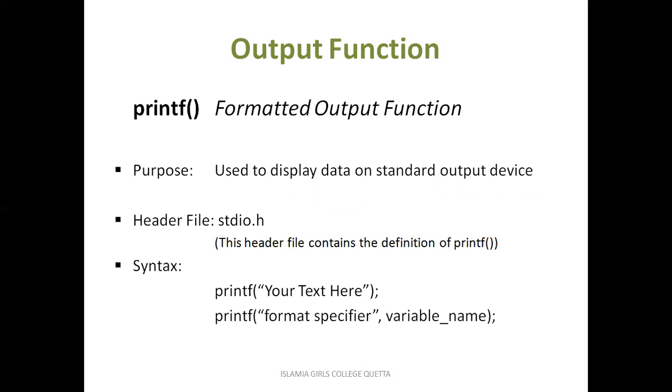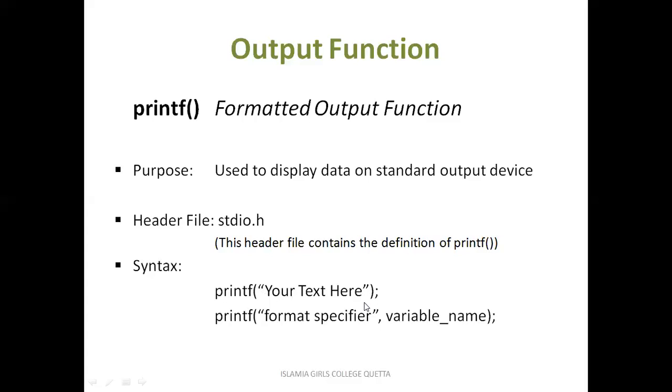It uses the header file stdio.h, and the syntax of printf is that you have to write the keyword printf, the round brackets, and inside these round brackets you use the double quotations, and inside the double quotation the string is written. Means whatever you write in these double quotes is printed same as it is, and in the end you have to put the semicolon.